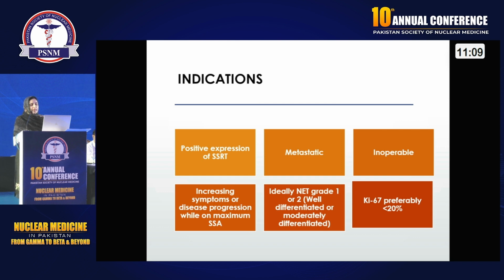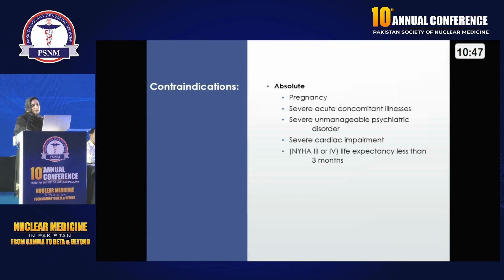The most common indications are positive expression of somatostatin receptors, and disease that is metastatic, inoperable, with increasing symptoms, or progressing while on maximum somatostatin analogs. Ideally, we want to treat grade 1 or 2, and Ki-67 preferably less than 20%.